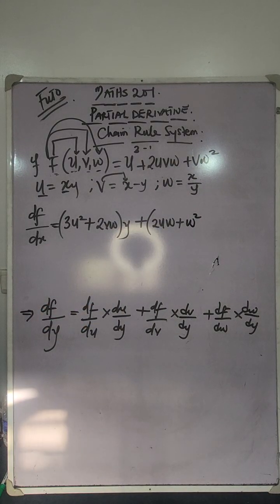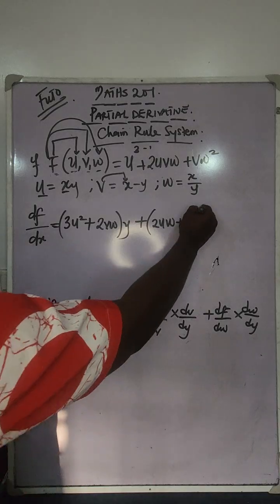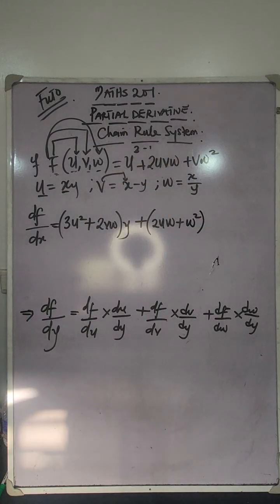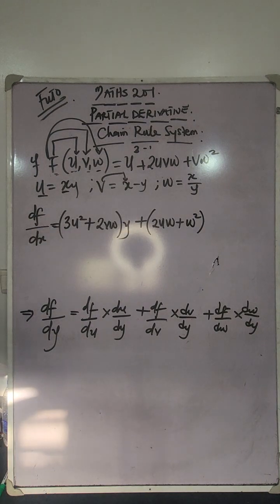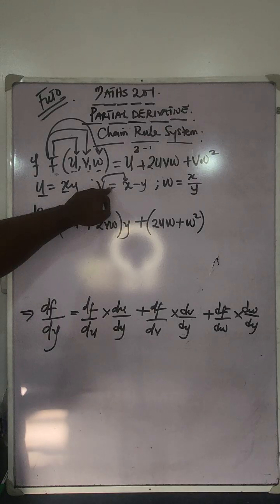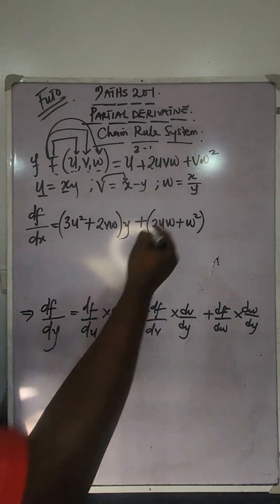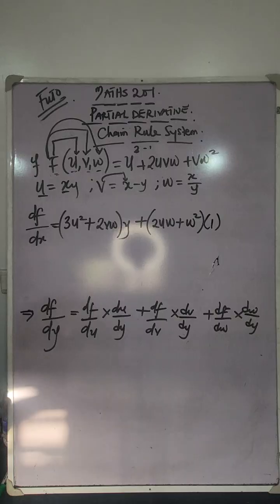Now let's multiply this by dv/dx. When we differentiate v with respect to x here, what do we have? We have just 1 here. Okay. Plus.